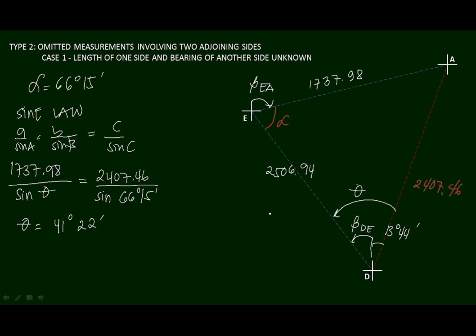Masasolve ko na ngayon yung aking bearing DE. How am I going to solve the bearing of DE? That is simply equal to theta minus 13 degrees 44 minutes. Tama? So, my bearing of DE is now equal to my theta. Nasolve ko si theta. That is 41 degrees 22 minutes minus 13 degrees 44 minutes.